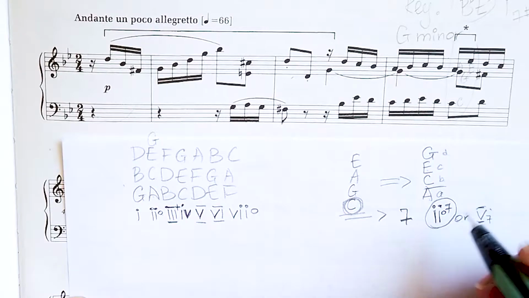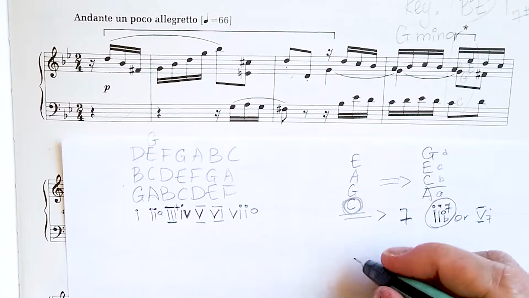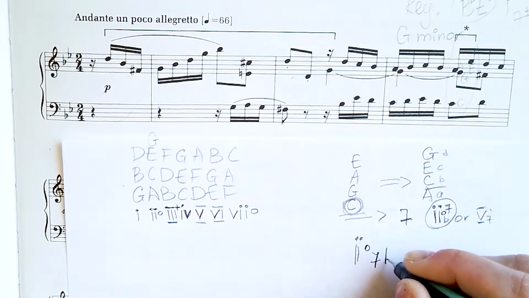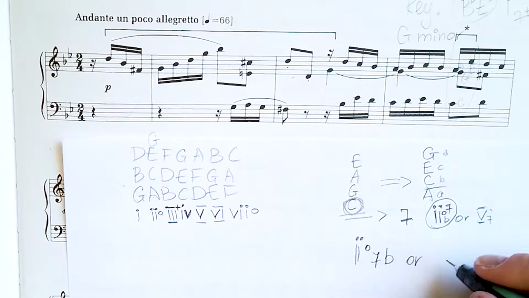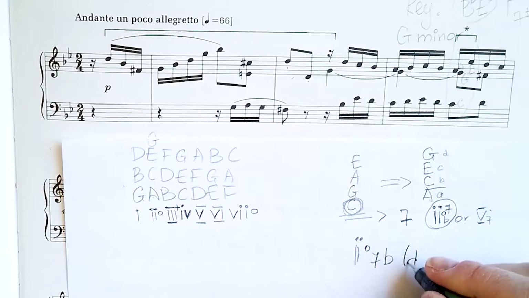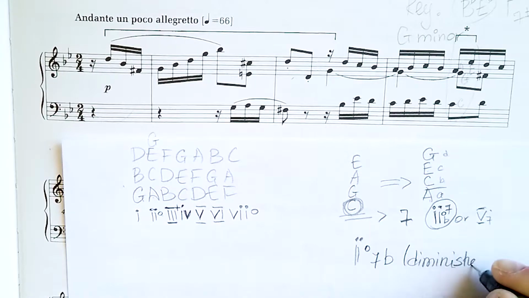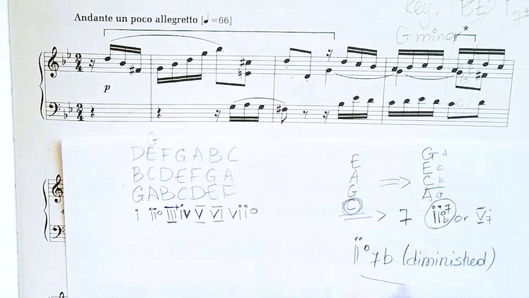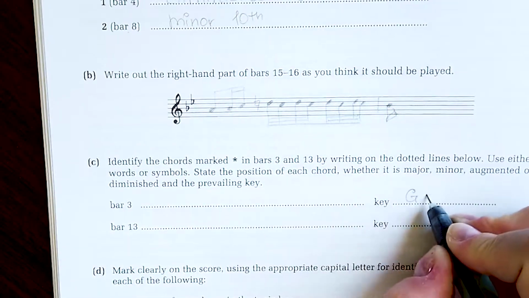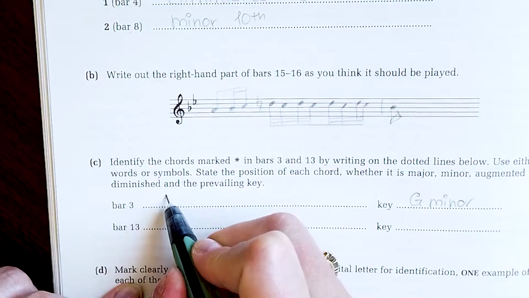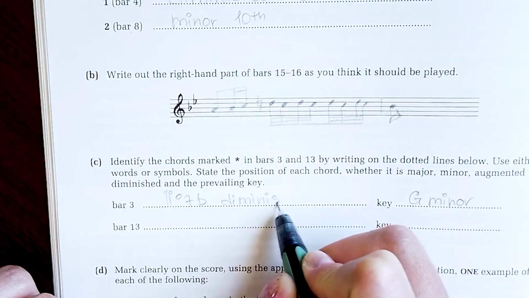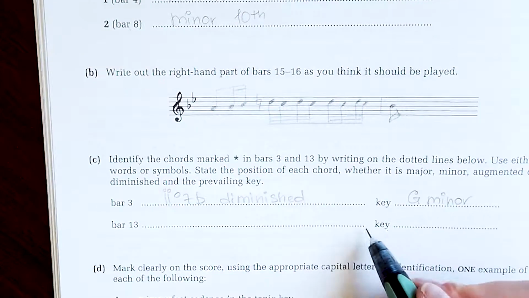So C is inversion B. So our answer is that we have the second diminished seventh B. Or we can write it better with the word diminished here. I think this is going to be the best way to get the full answer. So we write prevailing key G minor, then the second diminished seventh B. Diminished as well we will write next to it.